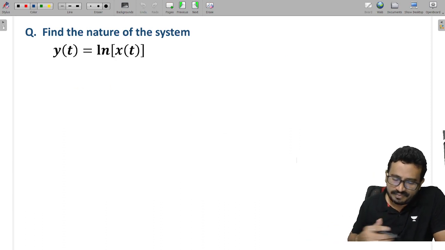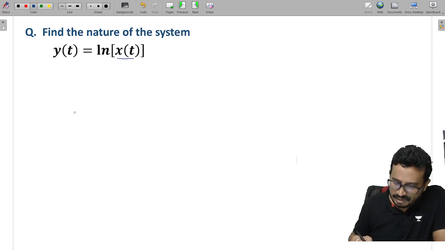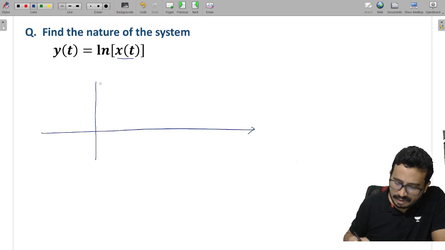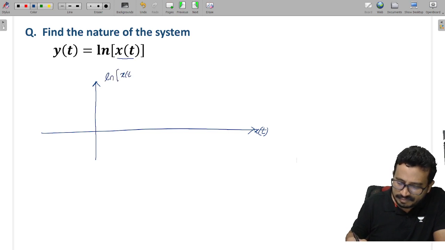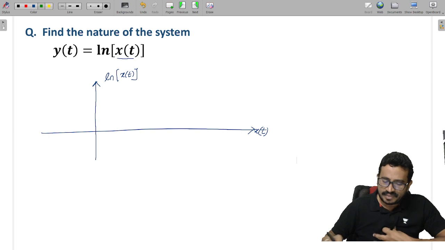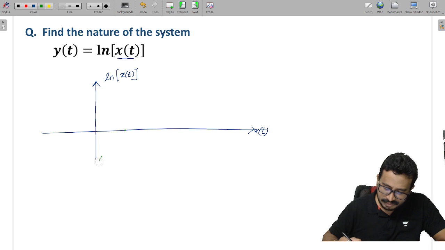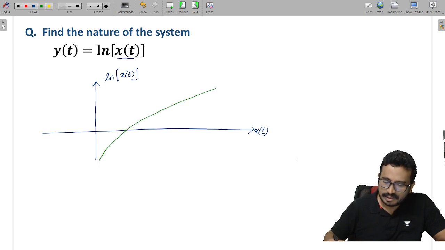Right. And if you see carefully, ln of x of t. Now I can change to different bounded values for x of t. As you might know, the nature of the log function: log 1 touches 0, and this is the log 1.